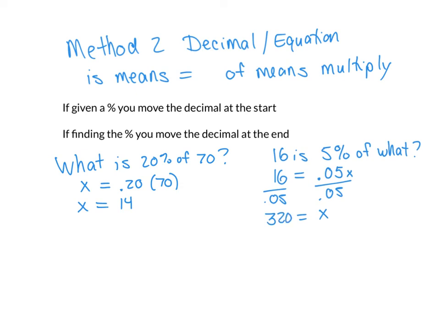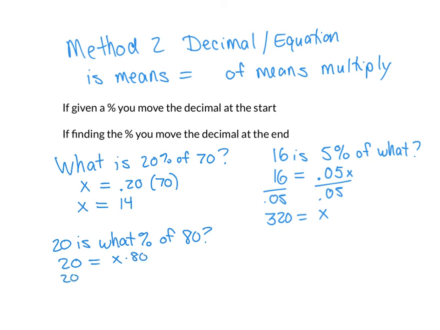My last example is going to be one where we're going to have to move the decimal at the end. So 20 is what percent of 80? So 20 is, we don't know, of means multiply, so times 80.